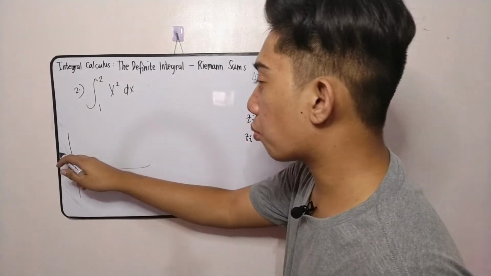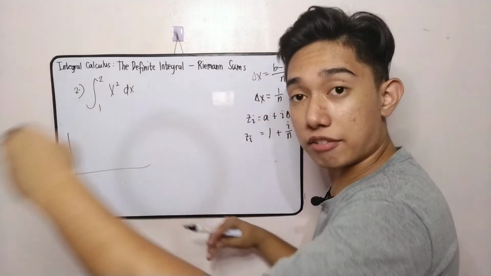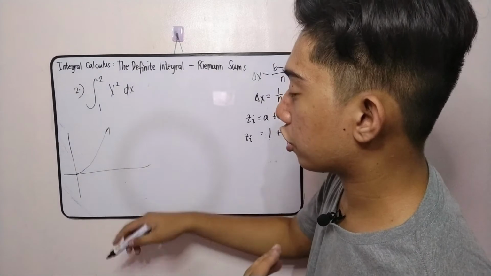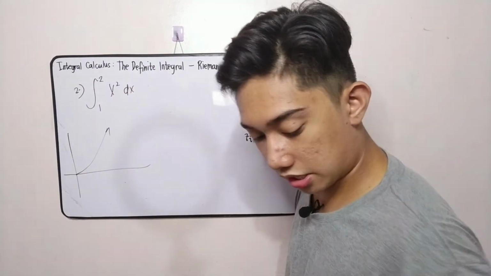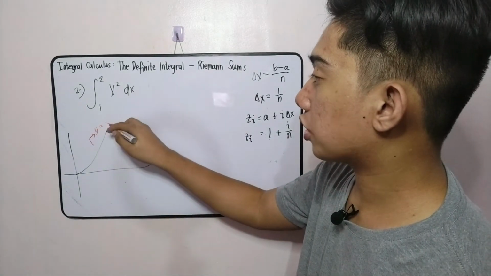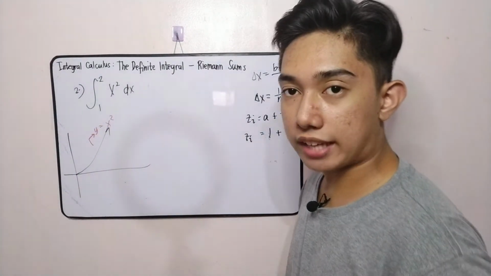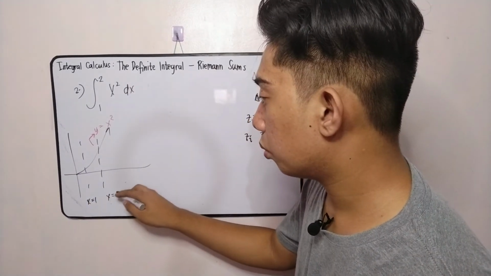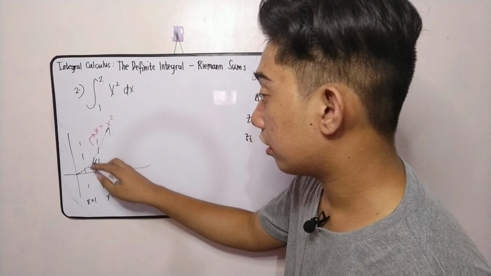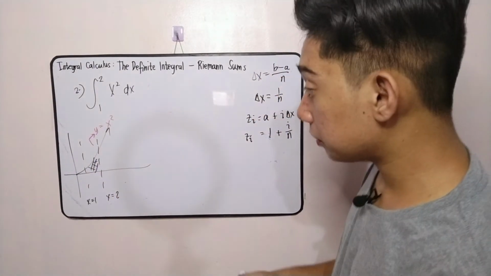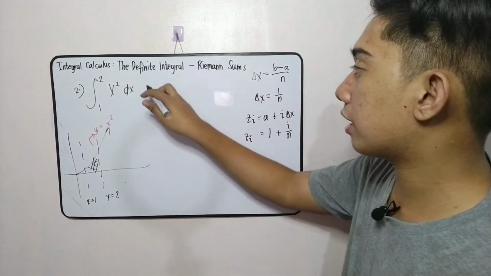I will just graph the right side of the function, y is equal to x squared, or f of x is equal to x squared, from x is equal to 1 to x is equal to 2. So, this portion is the area. So, how do we solve this? Again, we will use the Riemann sum.